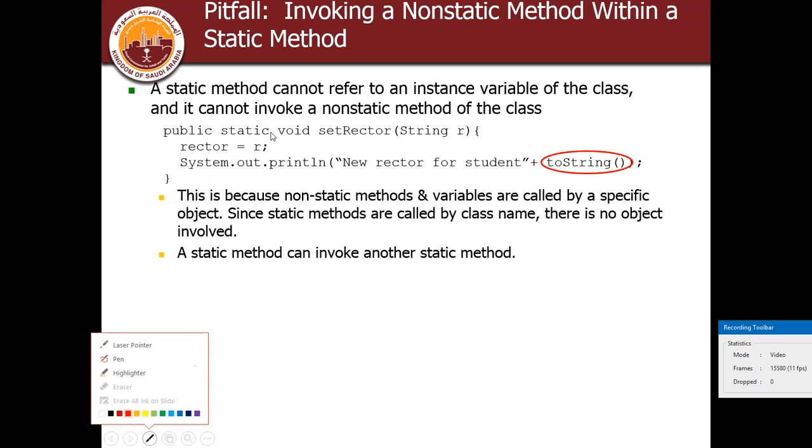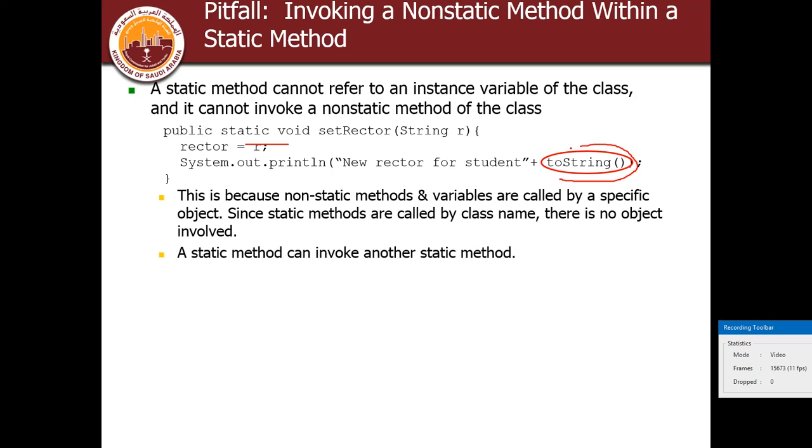Inside this, if you see, this is a static method, and inside this toString method, since this is a non-static method, I cannot call a non-static method inside the static method. This is because non-static methods and variables are called by a specific object, and static methods are called by a class name.